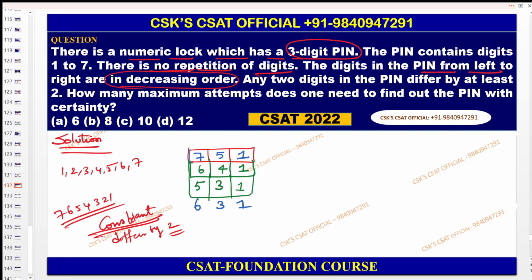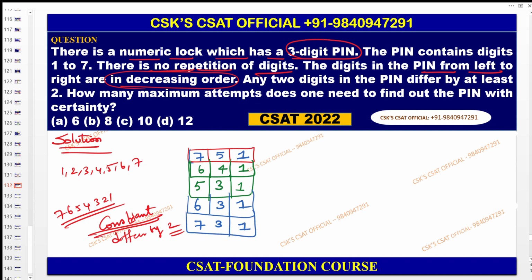Since Atul said 2, I am saying these things. Complete all the 1 in the unit place. Then you move on with the 2. Anything else possible? 731.